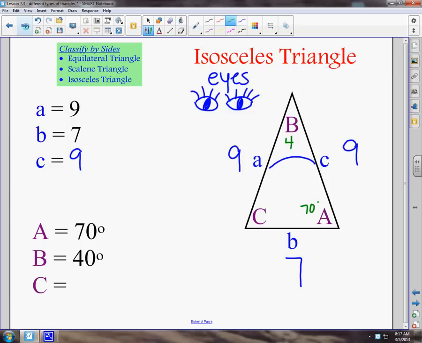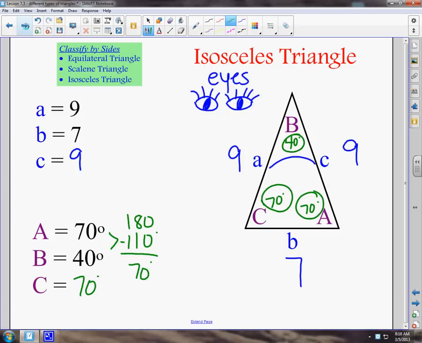B is 40. Well, 70 plus 40 is 110. And I have to get up to 180. So I do 180 minus 110, and I know that C would be 70 degrees because this plus this plus this has to equal 180 degrees.